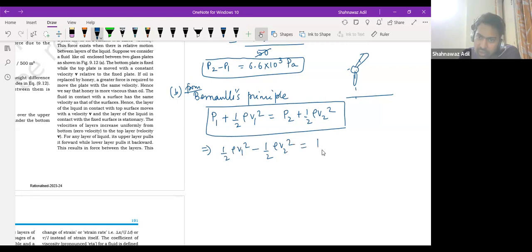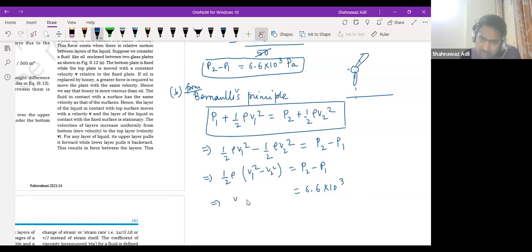This would be P2 minus P1. If I take half rho common, this would be v1 square minus v2 square. And do we know the value of P2 minus P1? This is given, right? This is 6.6 into 10 to the power 3. And this rho part is also given, right?